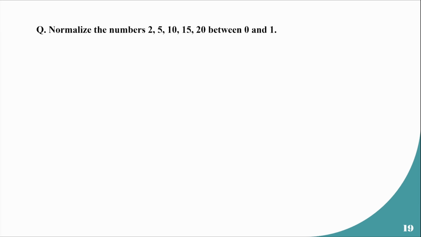So here in this case, the question is asking that if you have these numbers 2, 5, 10, 15, 20, you have to normalize these numbers between 0 and 1. So how to do that? Can somebody try to do it and answer in the chat?